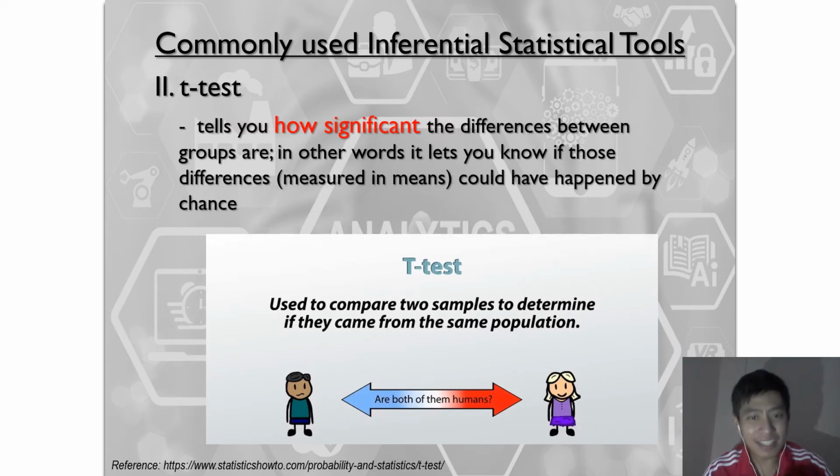Other is the t-test. The t-test tells how significant the differences are between groups. In other words, it lets you know if those differences could have happened by chance. So if you want to know the effectiveness of an online learning, we'll do experimental research, and you will have a pre-test and post-test.